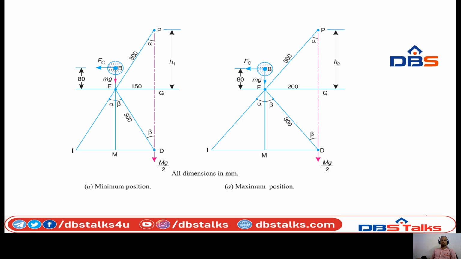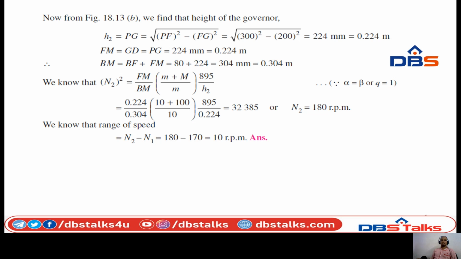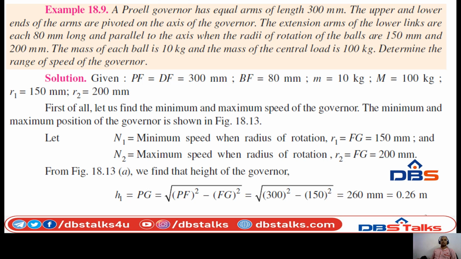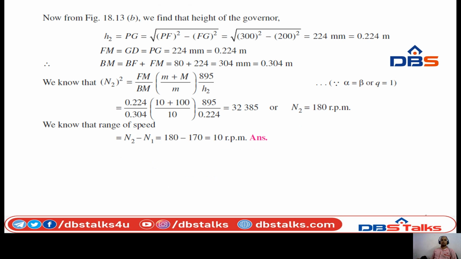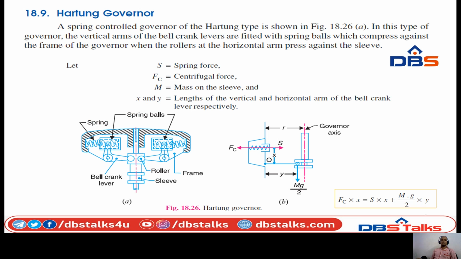By the same procedure, we get N2 as 180 RPM. So N2 minus N1 is the difference. Previously it is 180 and the other one is 170, so the difference is 10 RPM. This is called the range of speed.